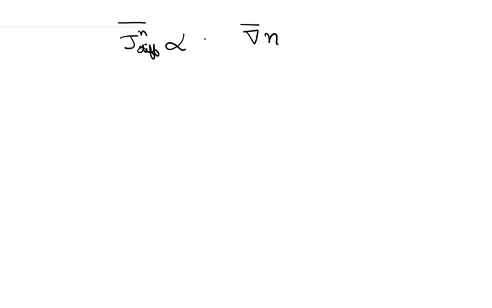So we multiply it with q times Dn, where Dn is the diffusion coefficient of electrons, and remove this proportionality sign. This Dn is known as the diffusion coefficient of electrons. It's like a constant of proportionality here.